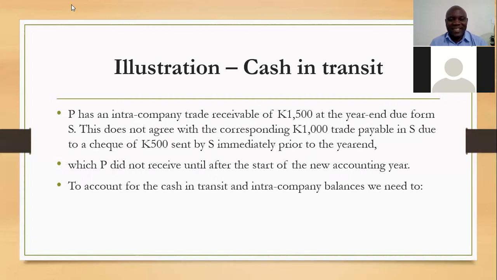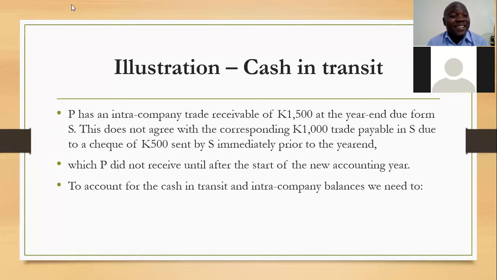There's an illustration here on cash in transit. We are saying P has an intra-company trade receivable of 1,500 at the year end due from S. This does not agree with the corresponding 1,000 trade payables in S, due to a check of 500 sent by S immediately prior to the year end. So what is happening? In the parent company's books, the parent company is still showing that the subsidiary owes it 1,500 kwacha.